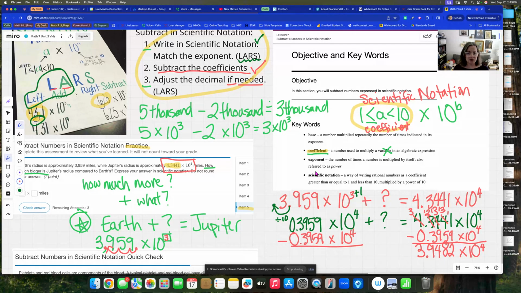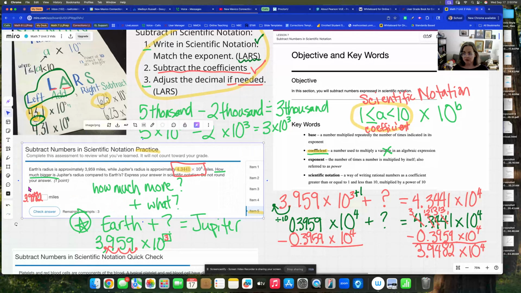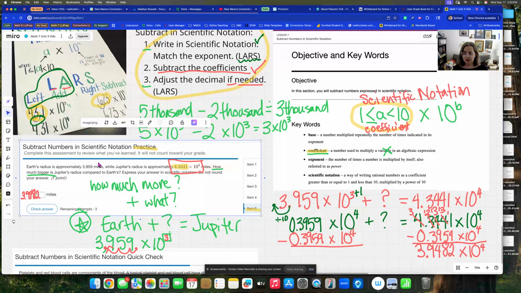That one is done. Okay, let me just show you how you would have to enter it here. You're going to enter the 3.9482 in that first box. Let me move that because that got a little bit messy. Oh, I'm going to have to erase it. Oh well. That'll go in the first box there. And you've got to enter all of it because they said not to round.